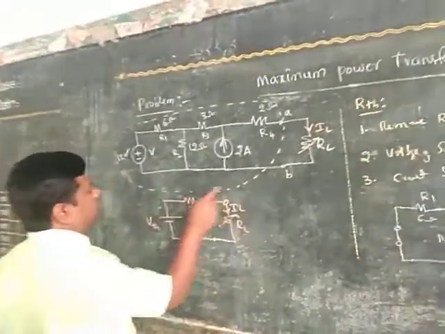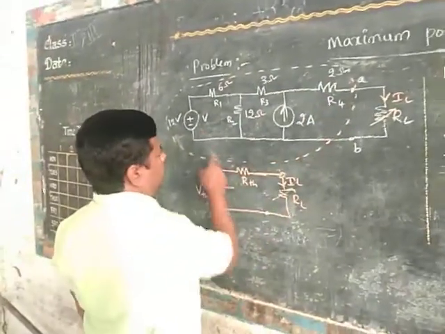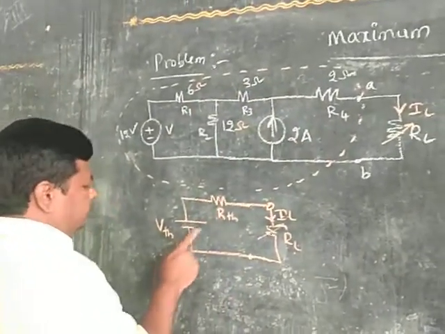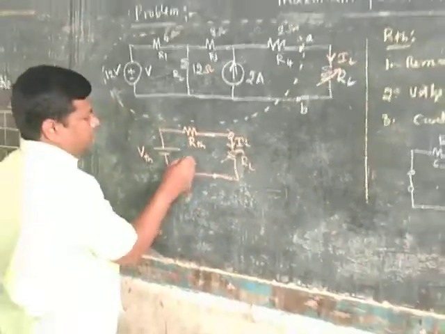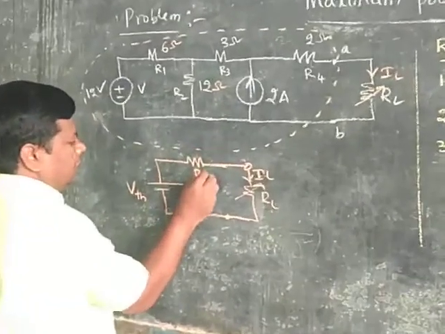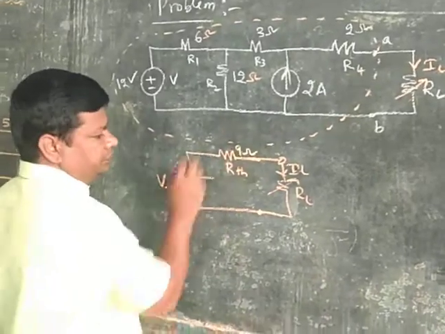Here coming to the circuit, this entire dotted network can be replaced with V Thevenin and R Thevenin. We have calculated R Thevenin. R Thevenin is equal to 9 ohms.